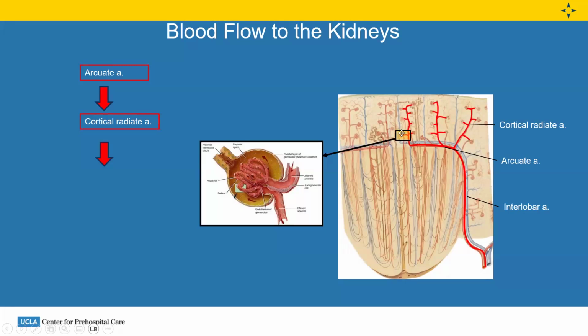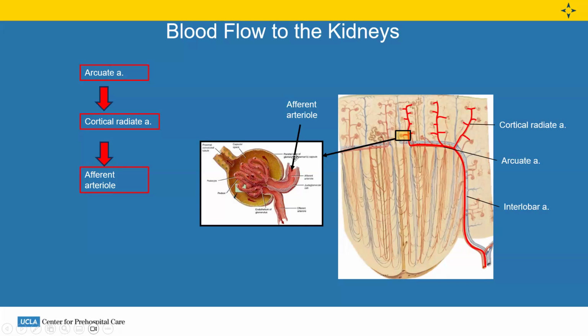From there, we're going to have to zoom in on one of these tiny structures here, right? Essentially, we had our cortical radiate kind of piercing through that cortex. And then we see these little balls out here, and we zoomed in. So essentially, those cortical radiate arteries are going to give off an afferent arteriole.